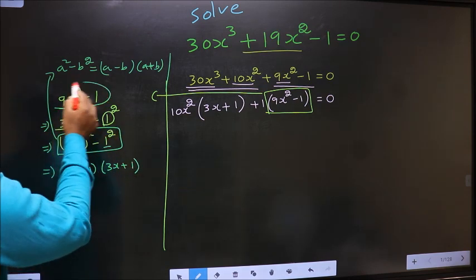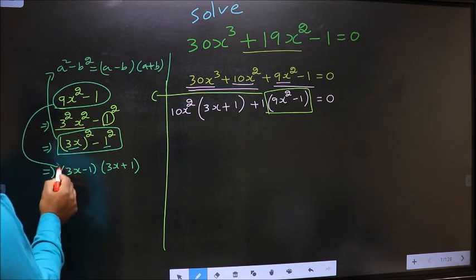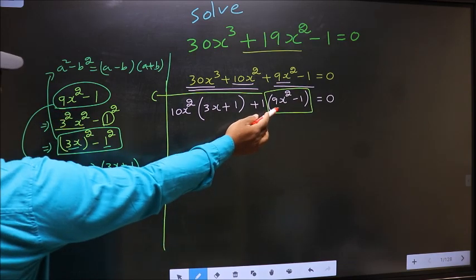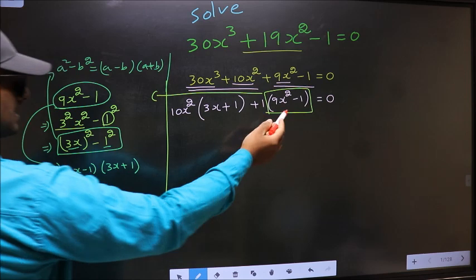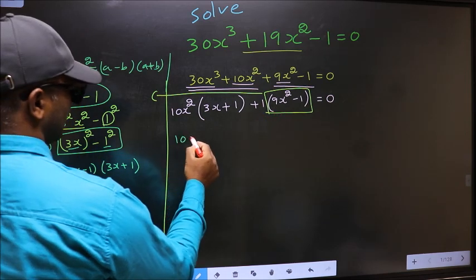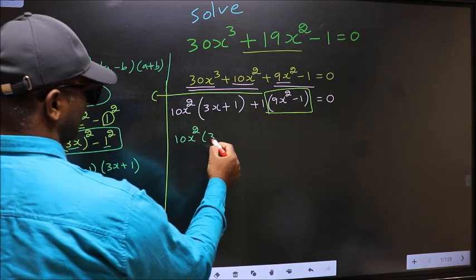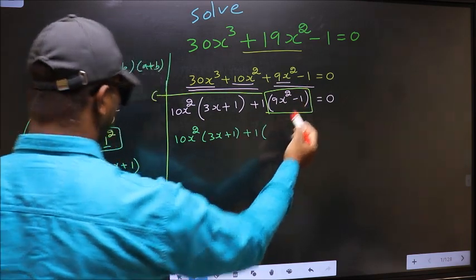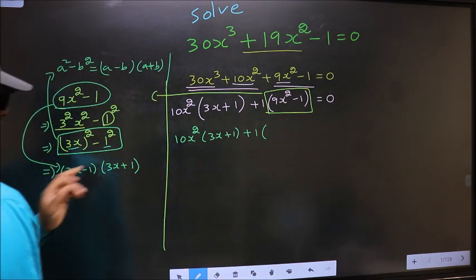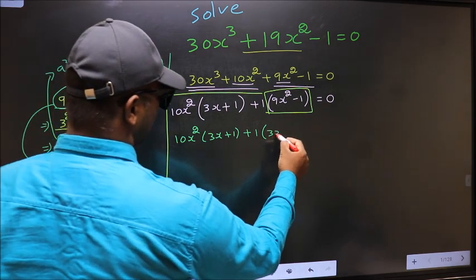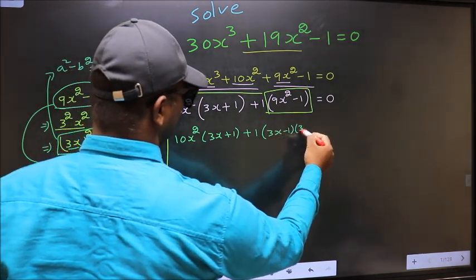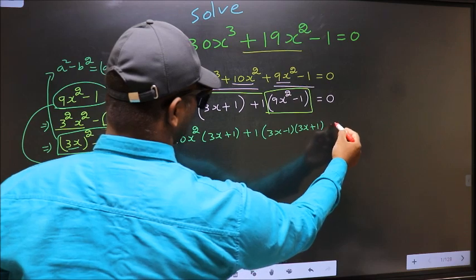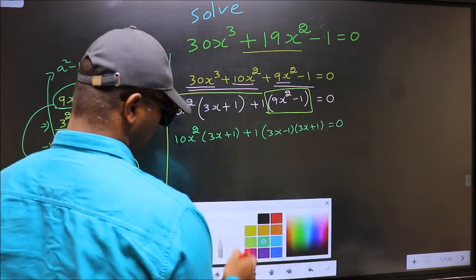So in place of this, now we should write this over here. So this equation will become 10x²(3x + 1) + (3x − 1)(3x + 1) = 0.